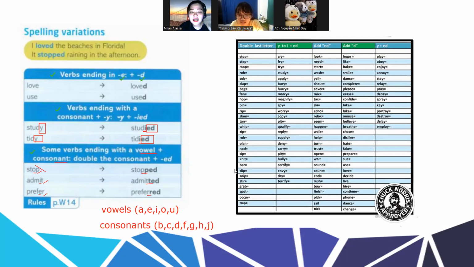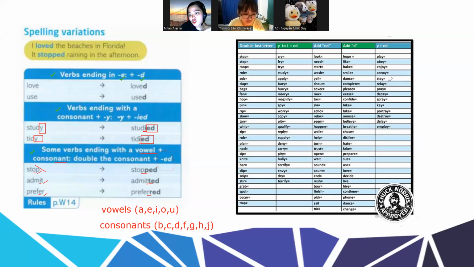So again, Maya, in spelling variations, there are three ways on how to change them into their simple past form. The first one, verbs ending in E, add D. Verbs ending with a consonant Y, change Y to I and add ED. The third rule, some verbs ending with a vowel and consonant, double the consonant and add ED.